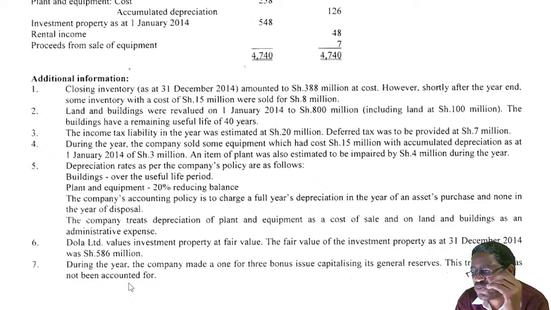Depreciation rates as per the company's policy are as follows. Buildings over the useful life period. Plant and equipment 20% reducing balance. The company's accounting policy is to charge a full year's depreciation in the year of the asset purchase and none in the year of disposal.